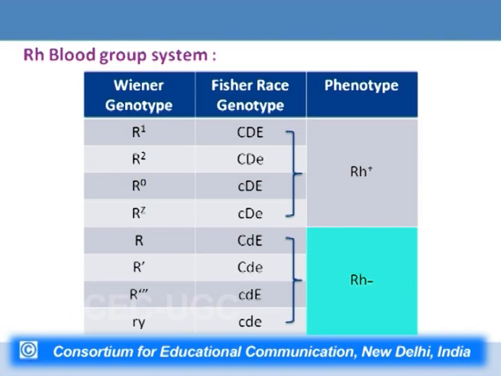So, individuals who are having R1, R2, R0 or RZ according to Wiener genotype will be RH positive, whereas those individuals who are having at least one copy of capital D will be RH positive according to Fisher and Race genotype, whereas the other genotypes according to Wiener, which are r, R prime, R double prime or RY, and individuals according to Fisher-Race genotyping who do not have a single copy of capital D gene, will be termed as RH negative because they will not present any RH antigen on the surface of their RBC.